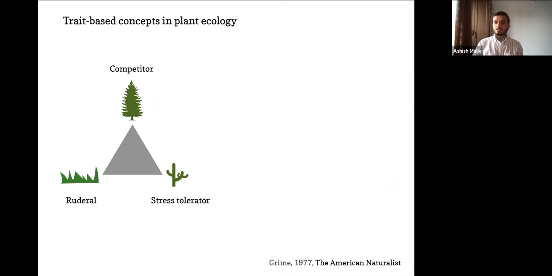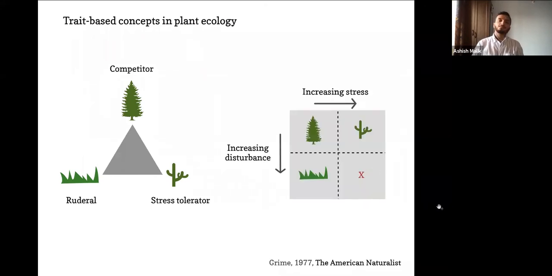And this is the classical CSR framework, the competitor, ruderal, stress tolerator framework, in which they really put forth how along two environmental gradients of stress and disturbance, plant species can structure themselves along these three main functional groups.